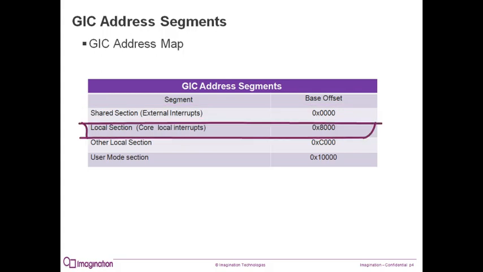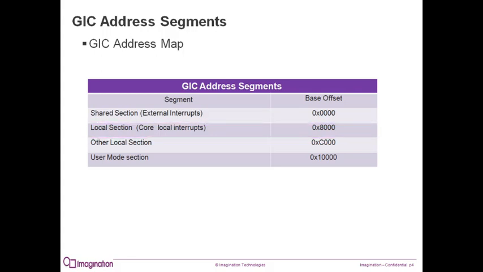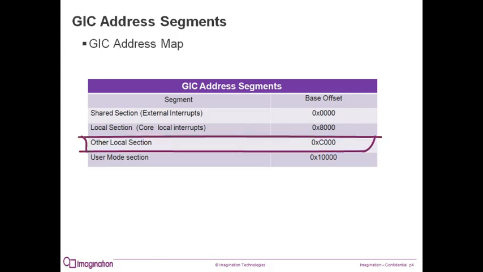The next is a local section, which starts at the base address plus 8000 hex. This is the section in which interrupts local to the processing element are registered, masked, and assigned to a particular interrupt pin. The local processing element can access the local registers of another processing element by using the other local address space. Software must write the other address register before accessing these address spaces.